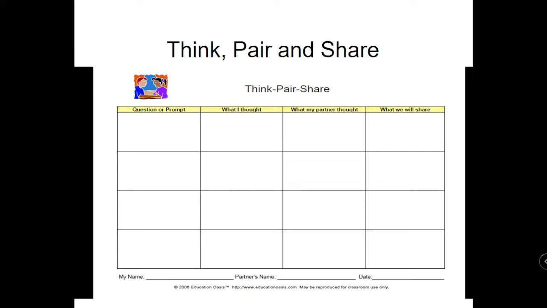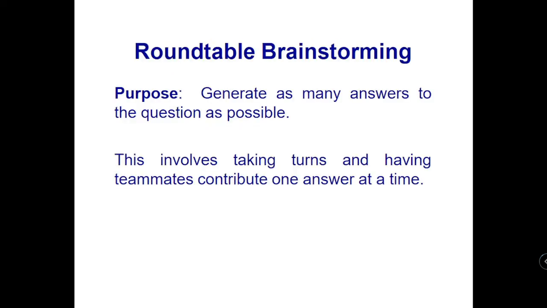First they write their own concept, next their partner's concept, and in the third column both concepts. So on a particular topic, they get ideas from their pair and discuss them with others. We got more insights from our pair. This is one kind of active method.